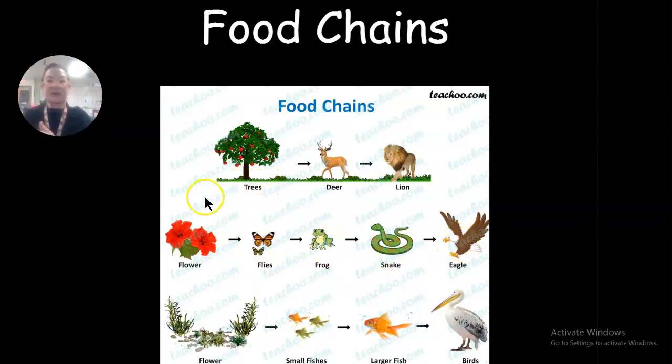So as we look at these, we see that they all start with plants, right? And then if we look at the next arrow, these organisms eat those plants. And then if we go higher, the next ones eat the ones previous. So it's how it builds upon. And food chains are just in a straight line.